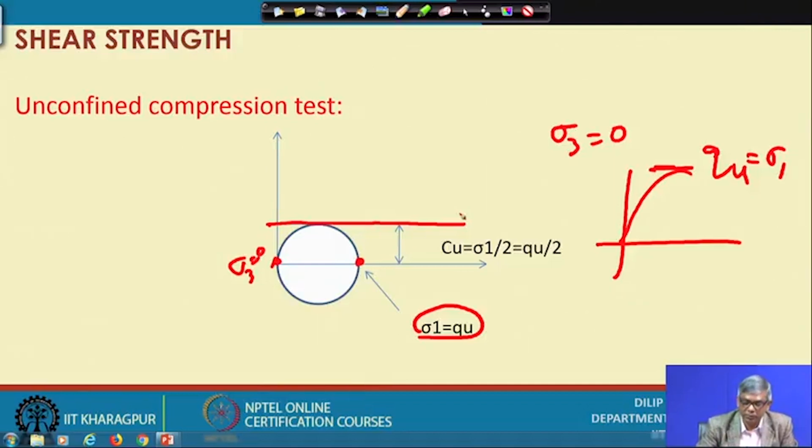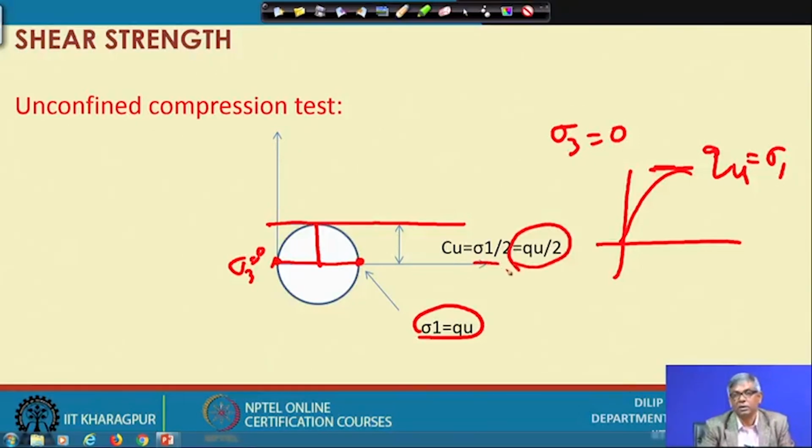Then your Cu from the unconfined compression test will be half of the diameter, that is the radius. The diameter itself is sigma 1, so the radius will be sigma 1 by 2. So, Cu equal to sigma 1 by 2, which is nothing but q u by 2.